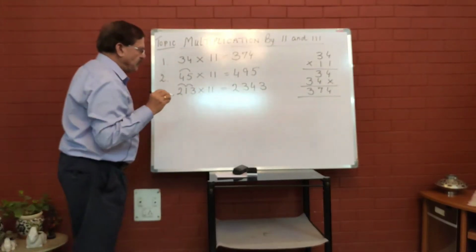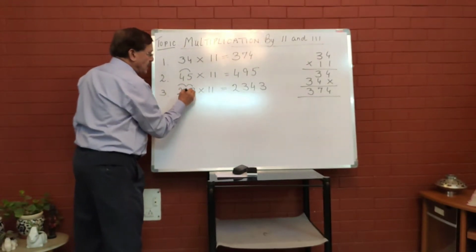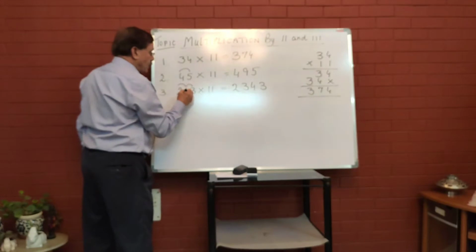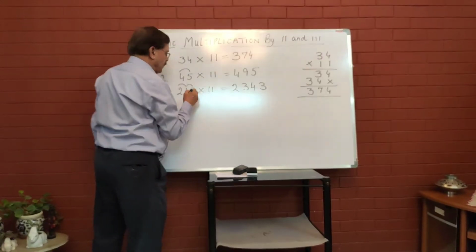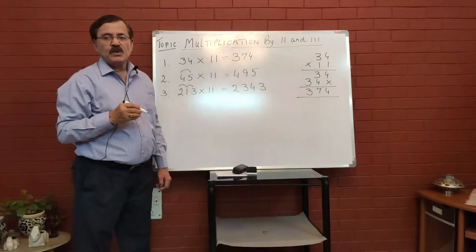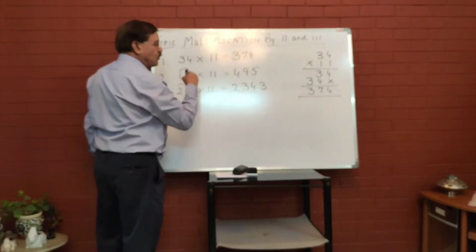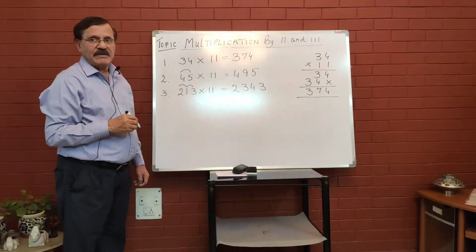I will repeat it once again. The first number 2 as it is, then 2 plus 1, 3, then the next number 1 plus 2, 3, and the last number is 3. You are going to take two numbers in groups because the multiplier contains 2 digits, 2 ones, 11.